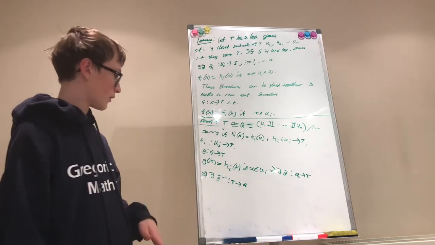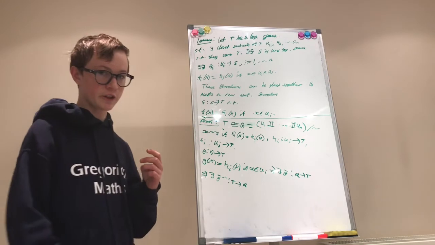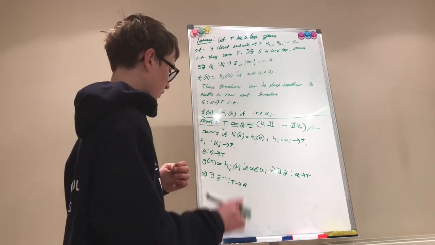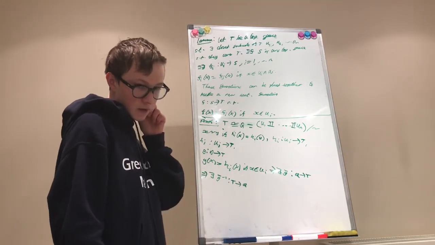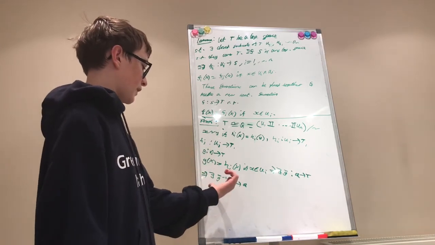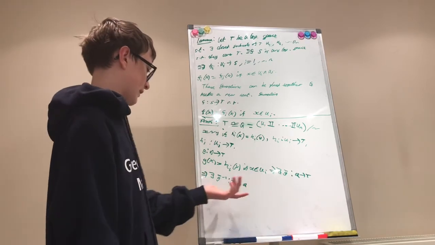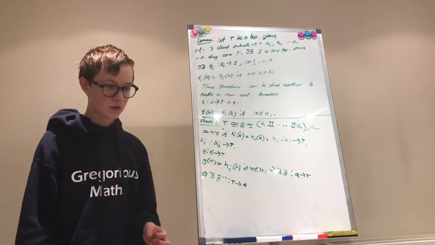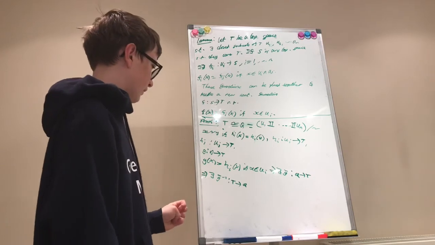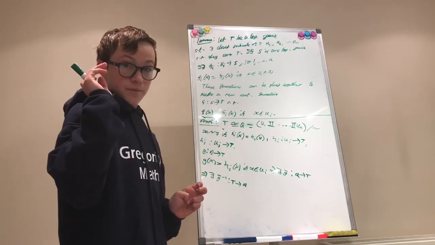That's technically a theorem, but I'll just consider it like an alternate definition. So what we're going to do is let V be a closed subset of Q, and then show that the preimage is closed.